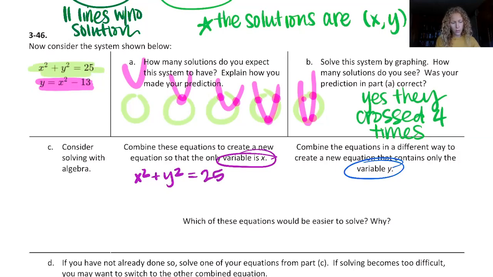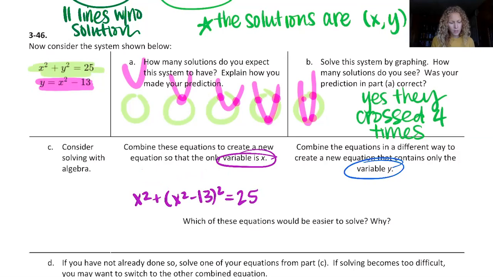What we're going to replace y with is x squared minus 13. So we have x squared plus, in parentheses, x squared minus 13 squared is 25. Okay, all in the variable x.